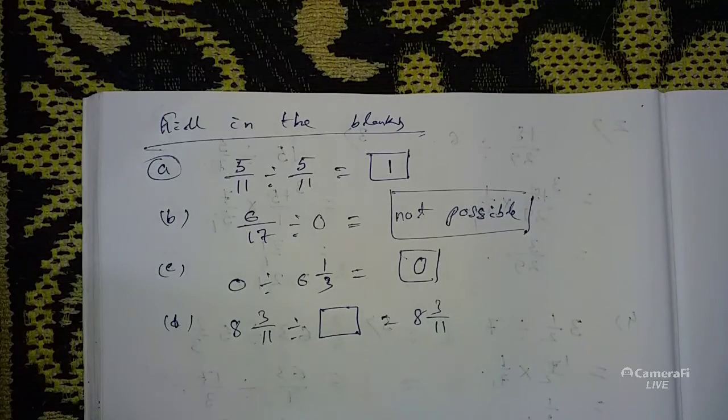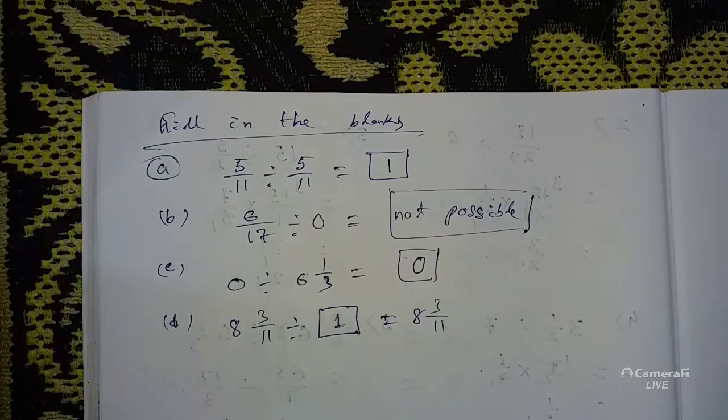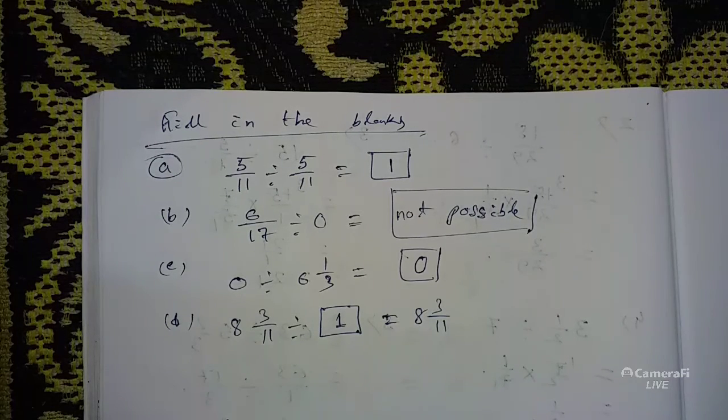By what number can we divide 8 whole 3 by 11 so that the result will be again the same fraction? It is the property of 1, so it should be divided by 1. Okay. So in this way we can apply these properties of division in many ways.